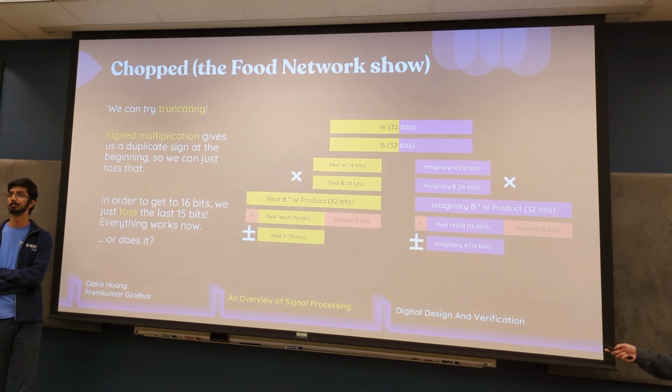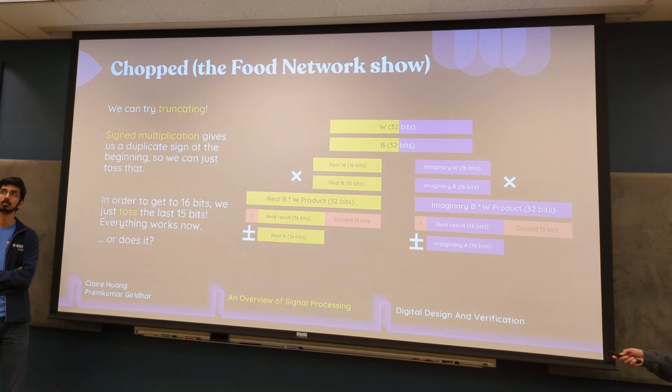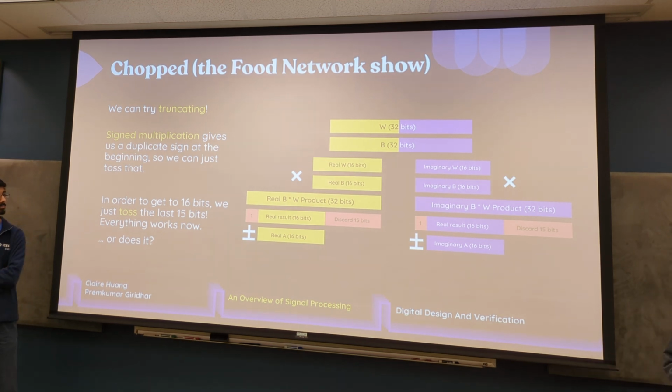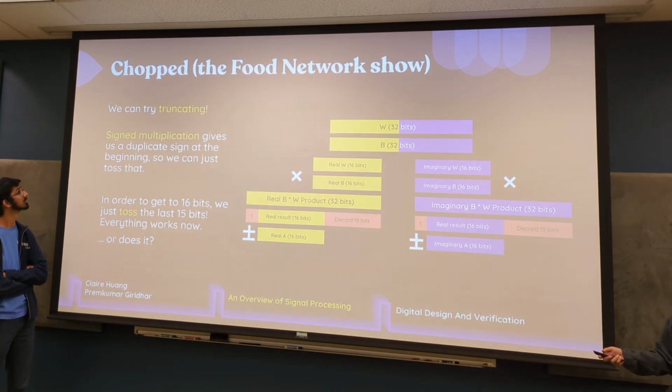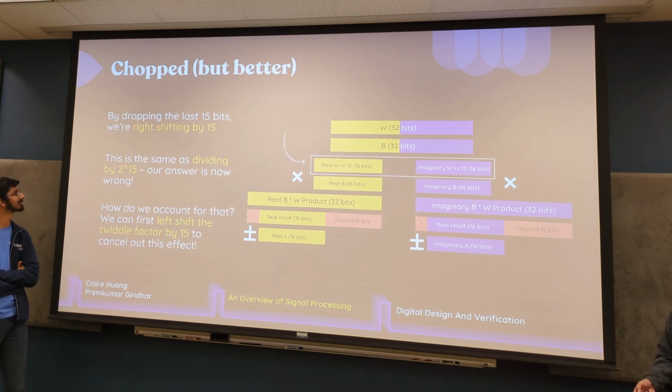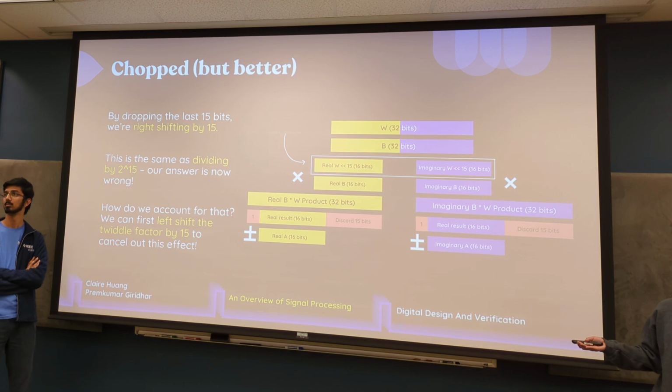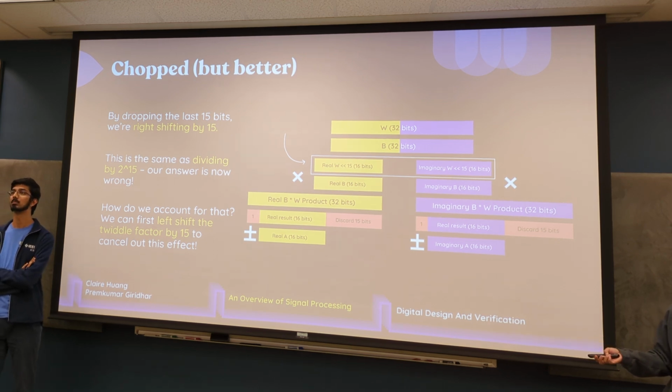But since we need to add or subtract it with our real number, which is 16 bits, we still need to discard the last 15 bits. But that just means our number is wrong. Spoiler alert. Because by dropping these 15 bits, we're essentially right-shifting it, or making it smaller, by 2 to the 15. So now our answer is wrong.